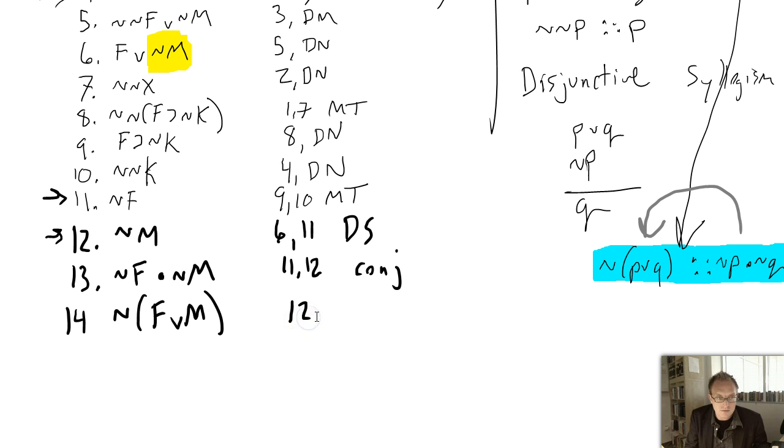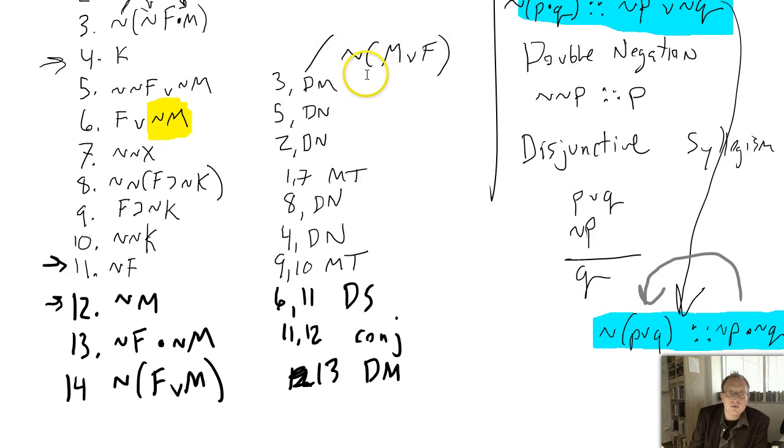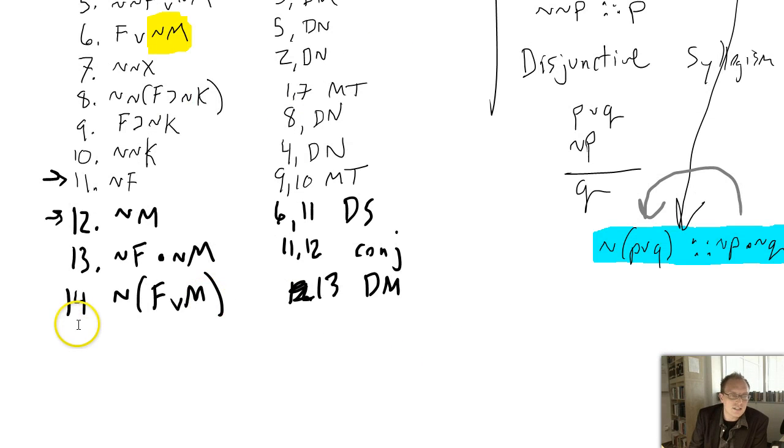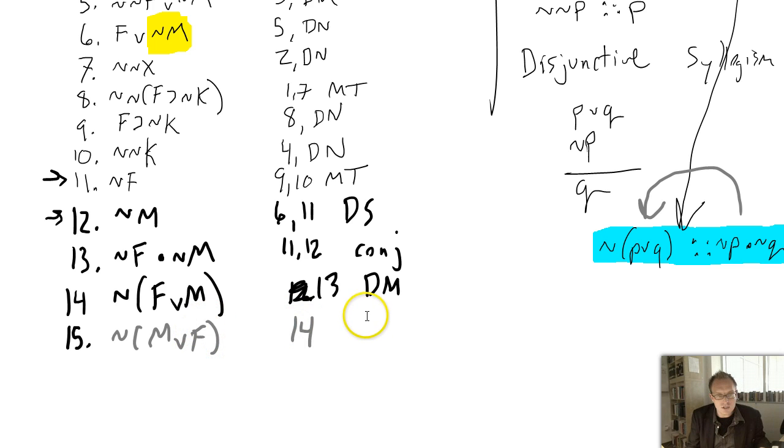Line 13, De Morgan's. And then, of course, one little slip up here is that ultimately the M needs to be on the other side. So line 15 here, I need to use a commutation. So I'm going to end up with not M or F, line 14, commutation.